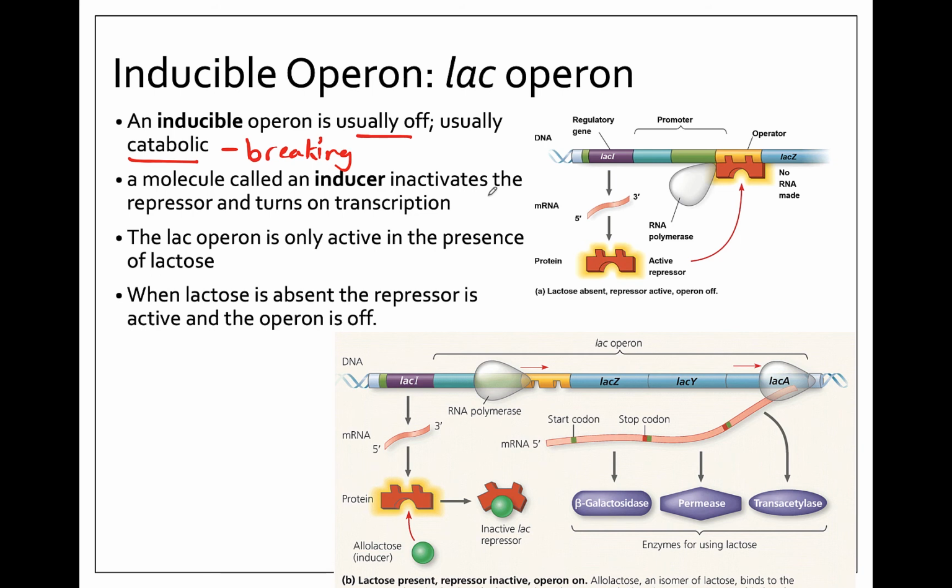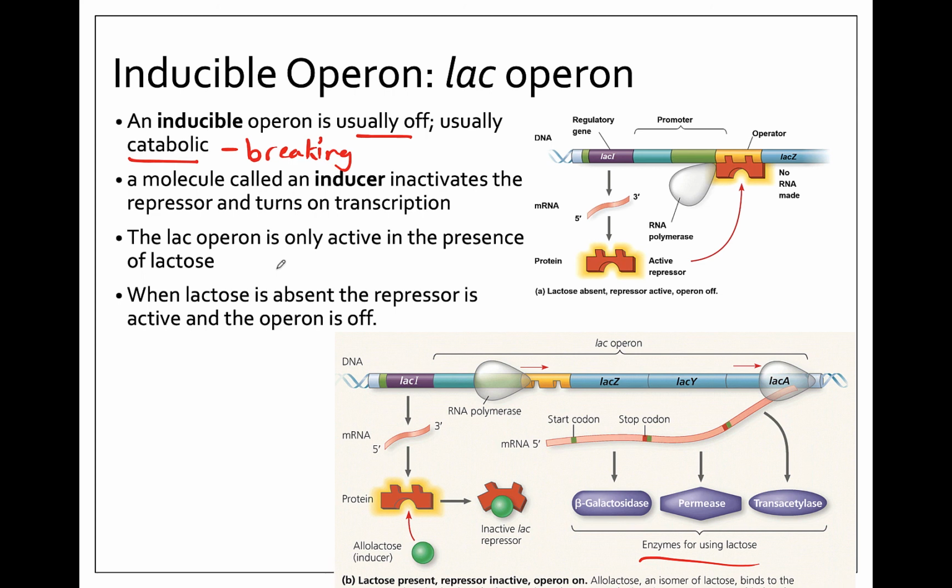However, if you introduce lactose to a bacteria, it now needs an enzyme to be able to break that down. So it's going to be enzymes here. You can see lacZ, lacY, lacA. These are the enzymes for using lactose. So these are going to be the enzymes that are going to allow that bacteria to process that sugar.